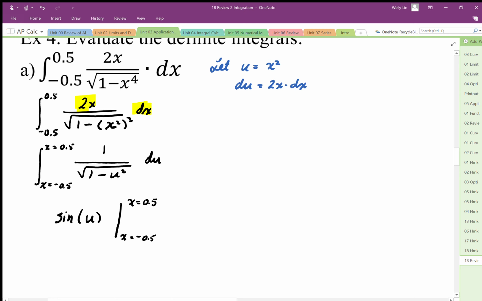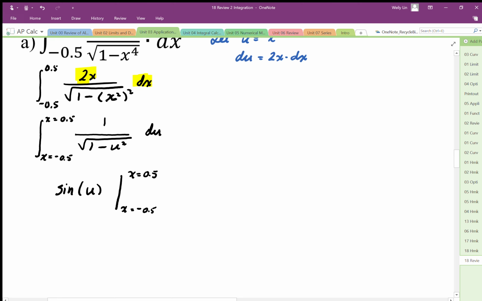Now we could possibly, if we want to keep the u, actually just change our bounds into values of u. So I could just plug in negative 0.5 into this expression, and I can then plug in 0.5 into this expression, and I can write my bounds in terms of u. But I'm going to keep it this way.